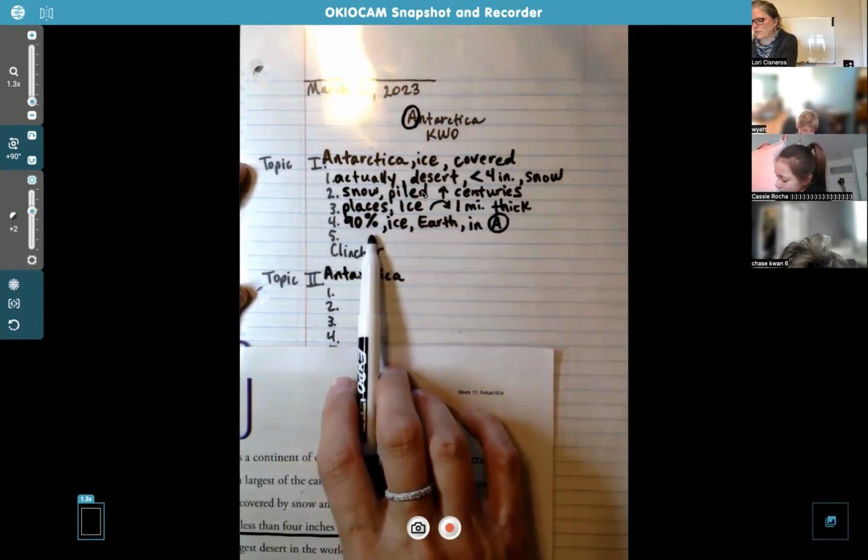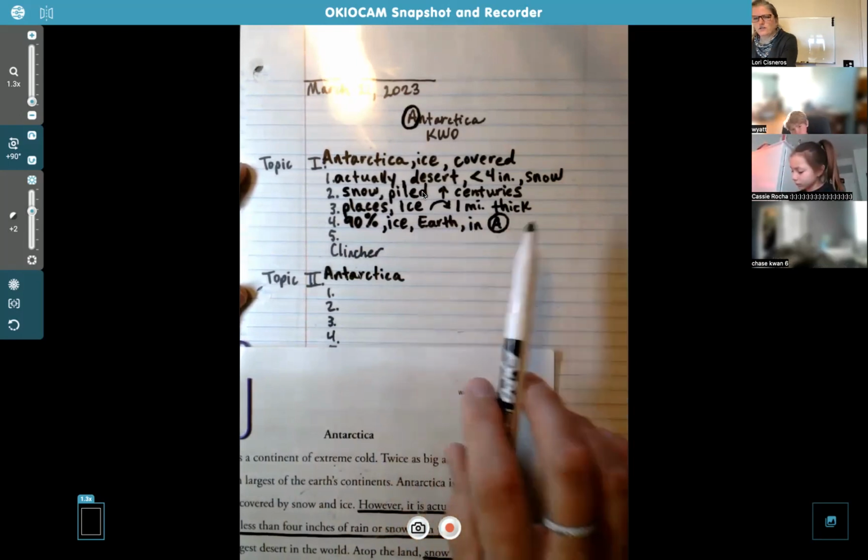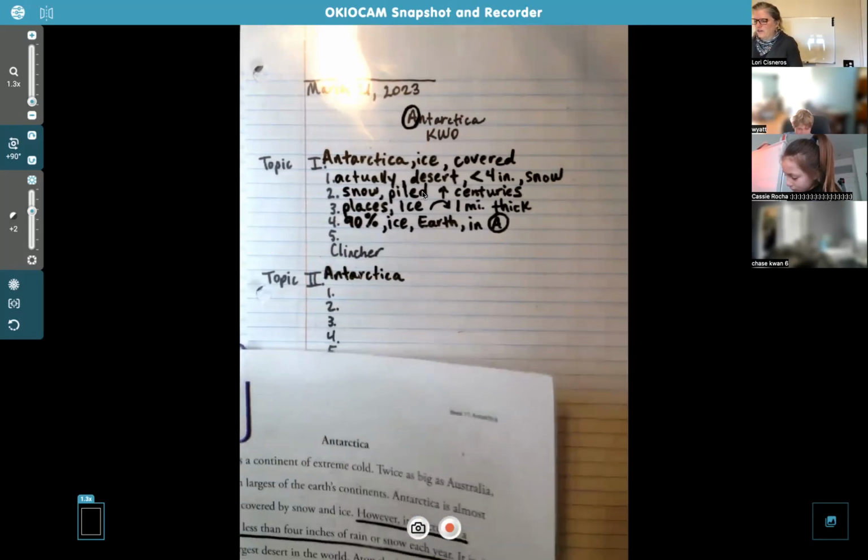So we have 90% ice on the Earth is found in Antarctica. The percent looks like a sideways division. Oh yeah, it does kind of. You're right. Just flip it over to its side. It's a sideways division.